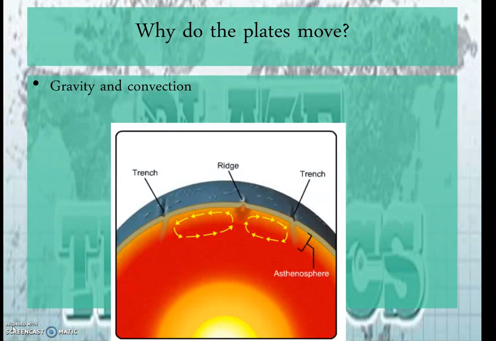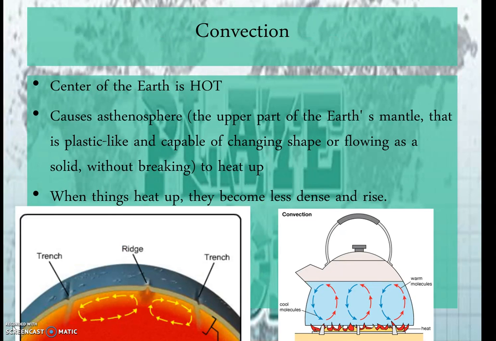All right. So now we've talked about the plates moving, and why do these plates move? There are two big reasons, gravity and convection. And within gravity, we're going to talk about slab pull and ridge push as being part of gravity. So first we're going to talk about convection. This picture is down here because it's similar to a pot of water boiling.